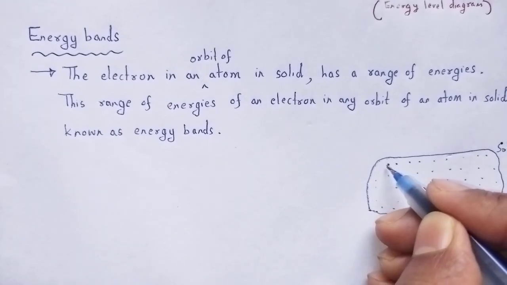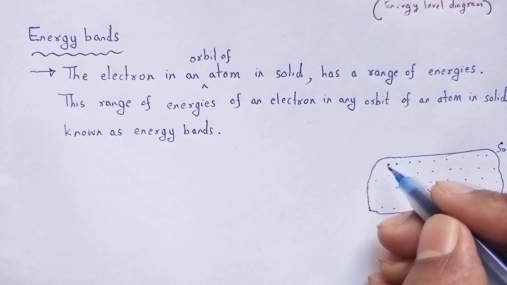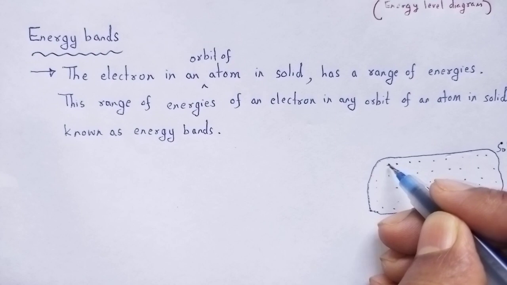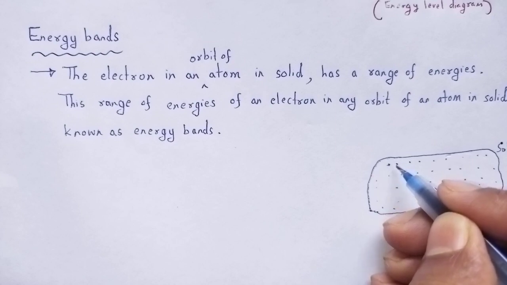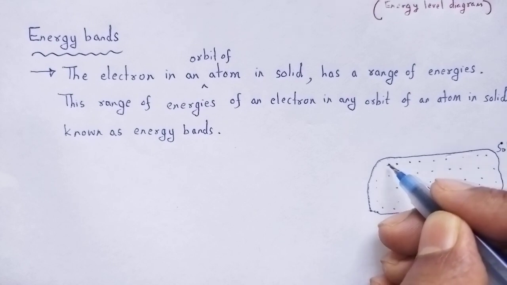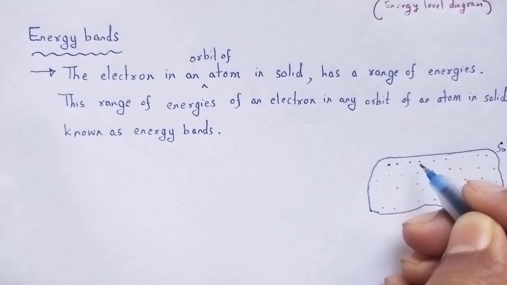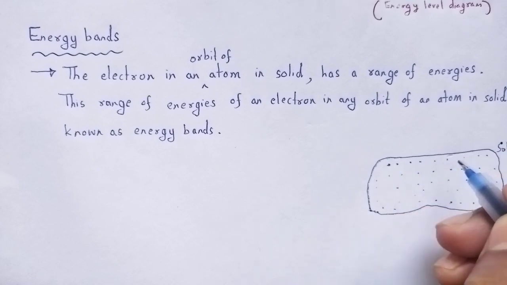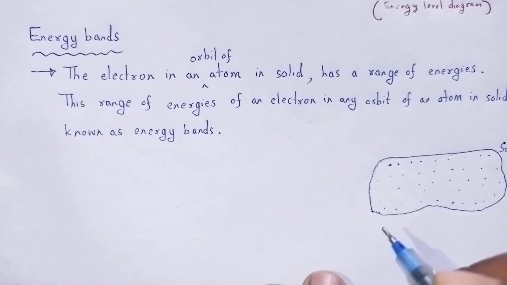That atom has its own energy level, and its neighboring atom also has its own energy level, and the energy levels of these atoms are influenced by their neighboring atoms. Okay.